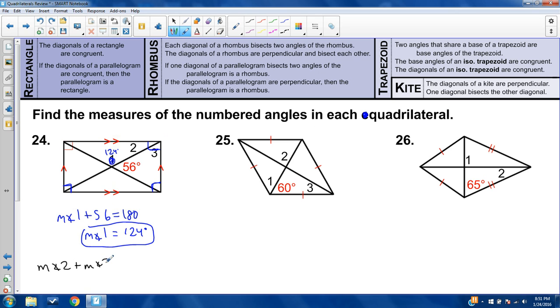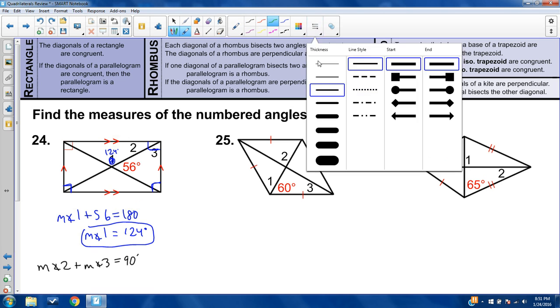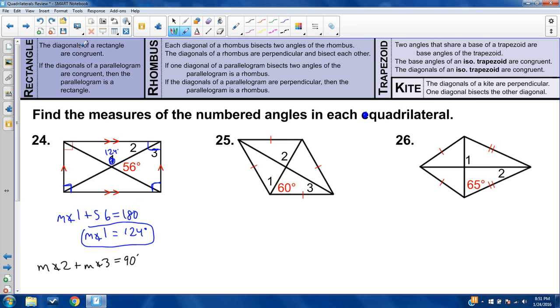But the next part I want to mention is that the diagonals are congruent, and this is a parallelogram, so the diagonals bisect each other, and then all of these parts are equal to each other. Boom, boom, boom, boom. Which means, for my case, right here I have an isosceles triangle, and right here I have an isosceles triangle as well.